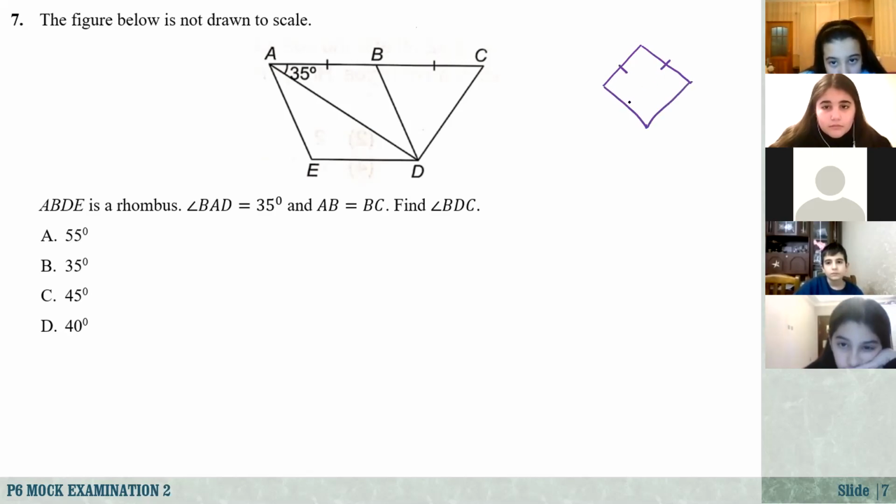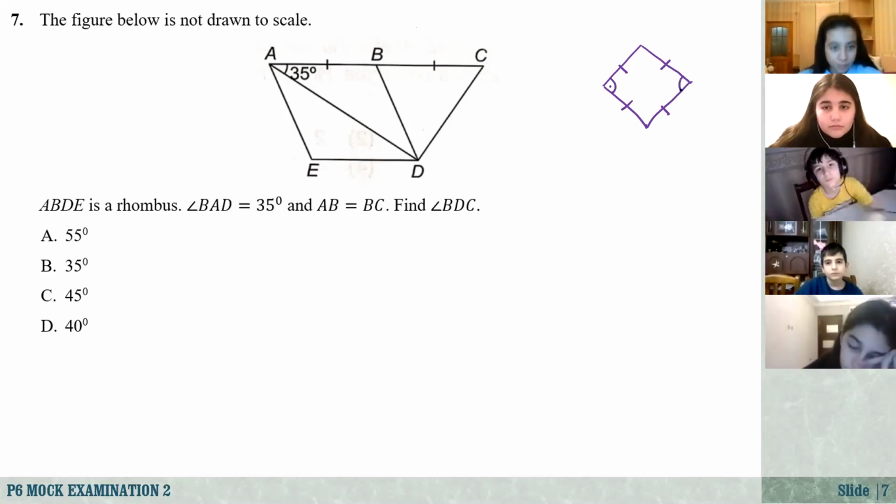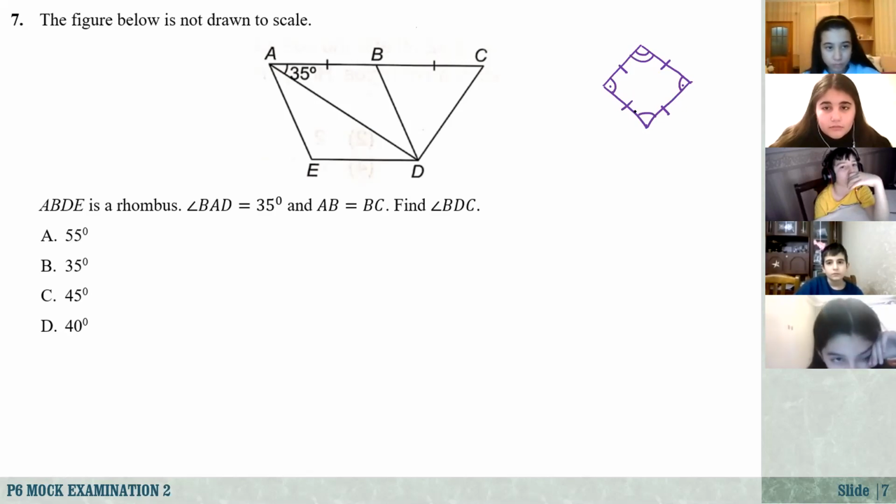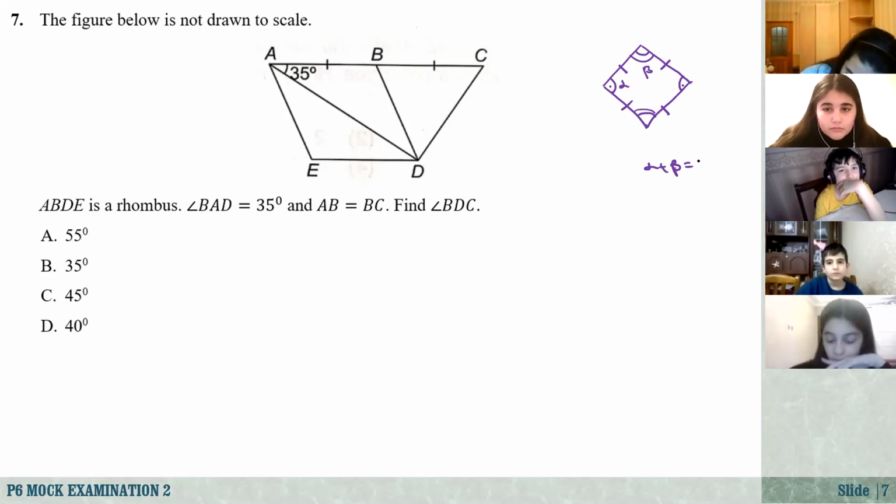All sides are equal, and also opposite angles are equal. This angle equals this angle, and this angle is equal to this opposite angle. If I say this one is alpha and this one is beta, then alpha plus beta is equal to 180 degrees. These are the angle properties of a rhombus. Okay, it is 35, right?